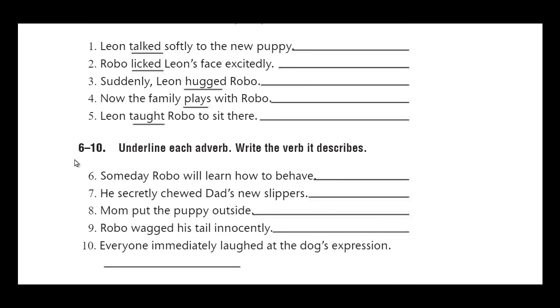In sentences from 6 to 10, you should underline each adverb and write the verb that it describes. Remember the thing that we have done with the adjectives in lesson 16? It's the same thing here, but this time it's with adverbs and the verbs that they are describing.